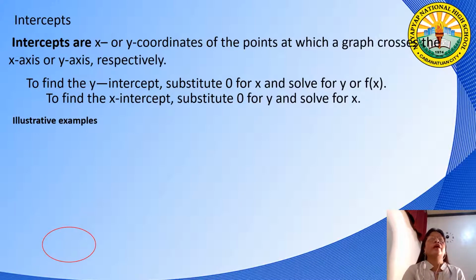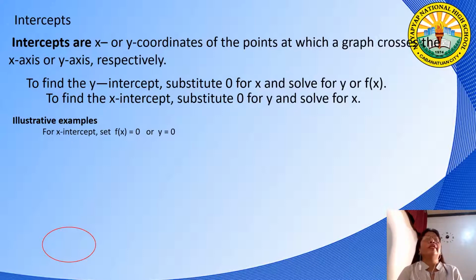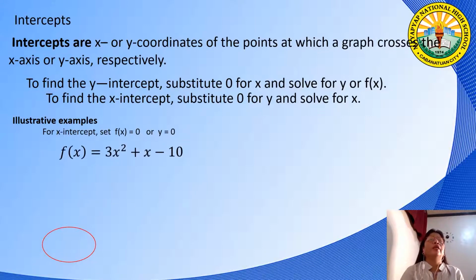So let's have an example. For the x-intercept, as stated, to solve for the value of x-intercept, you set f of x equal to 0, or y equals 0. So in our example, f of x equals 3x squared plus x minus 10.